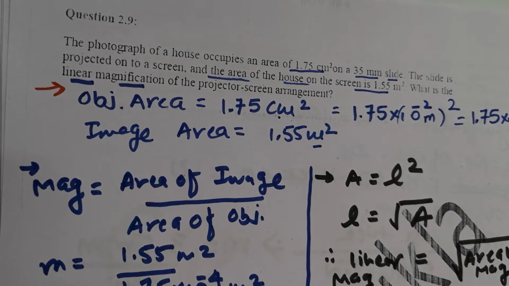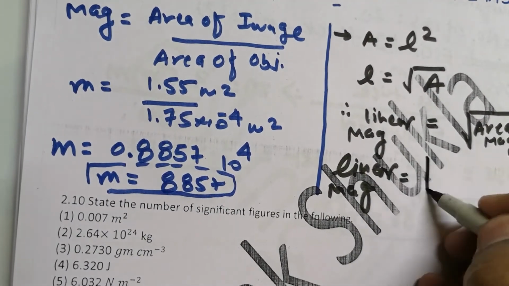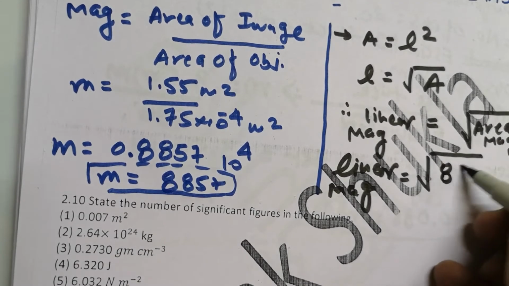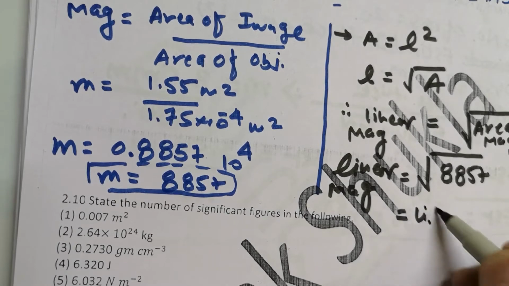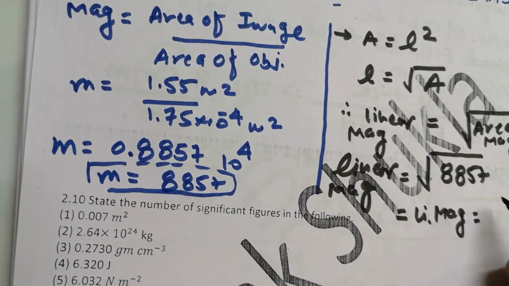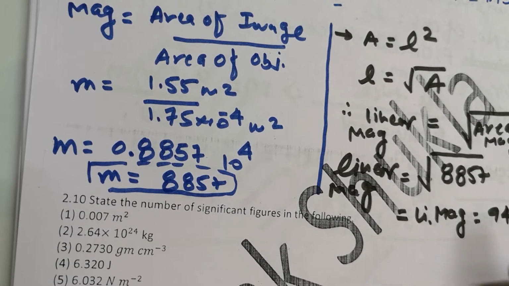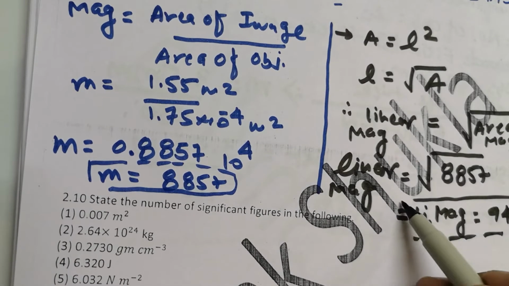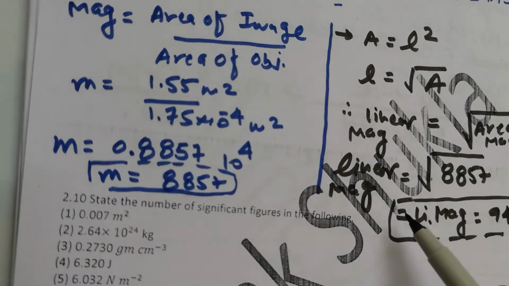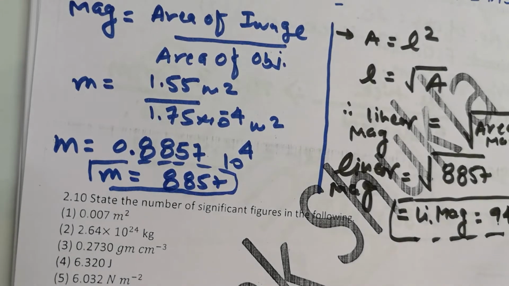So my linear magnification is equal to the square root of the areal magnification. We have found it to be 8857. So my linear magnification is 94.11. It is called linear magnification, so the ideal answer is that the linear magnification is 94.11.